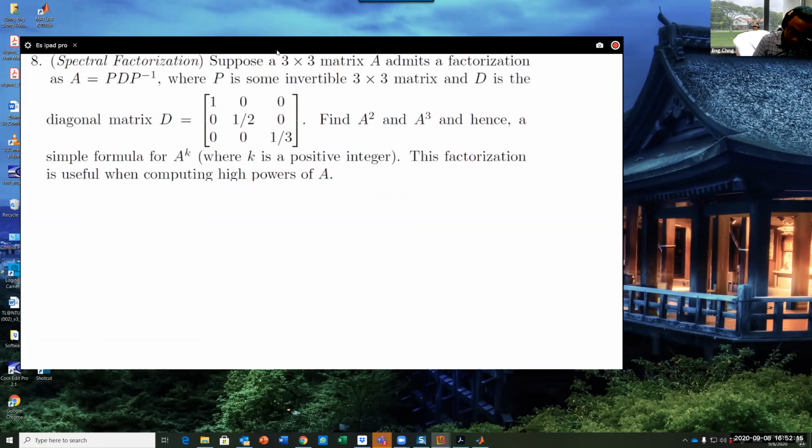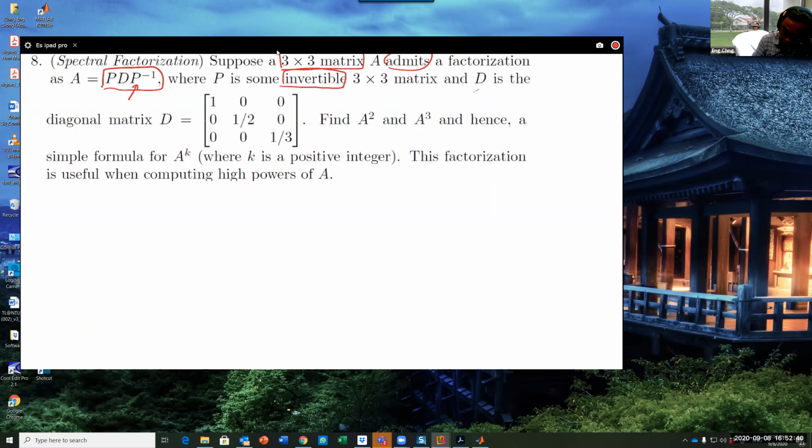First, we are given a square matrix A, and we say that this matrix can be broken into PDP minus 1. P is invertible because on the right hand side, you already see that P minus 1 exists.